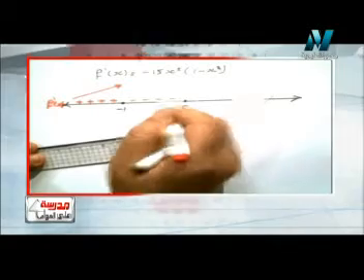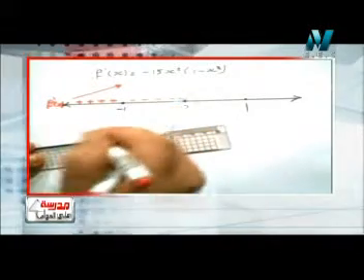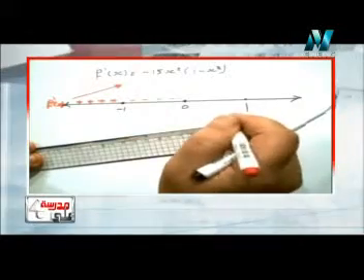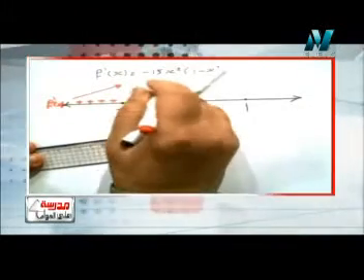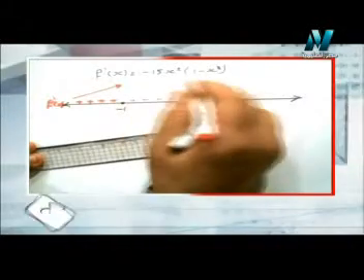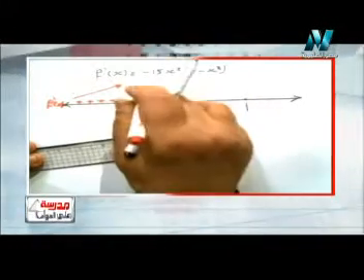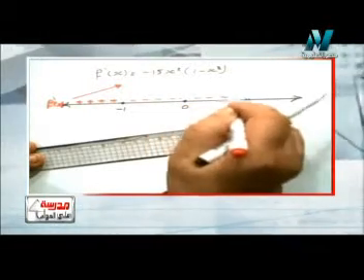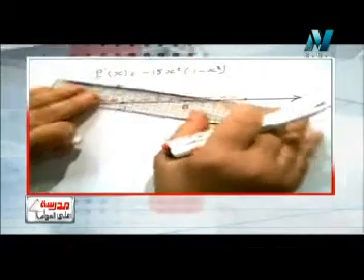It means the function is decreasing in this interval. From 0 up to 1 also, half gives negative, and the second factor is positive. Negative multiplied by positive is also negative. Therefore, from -1 up to 1, the function is decreasing.